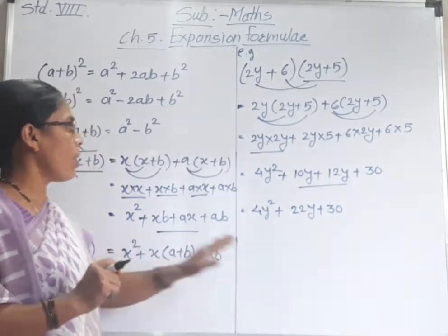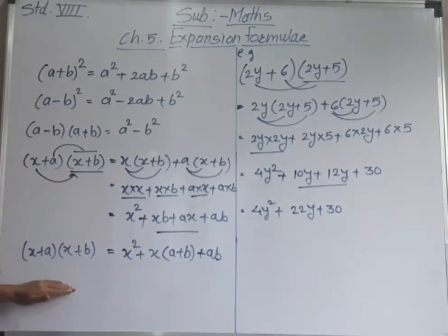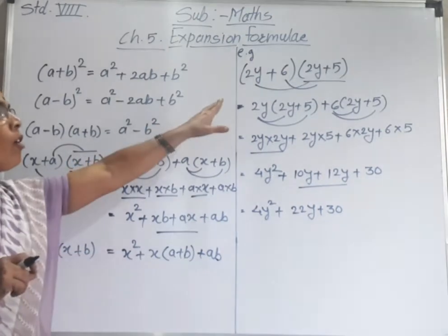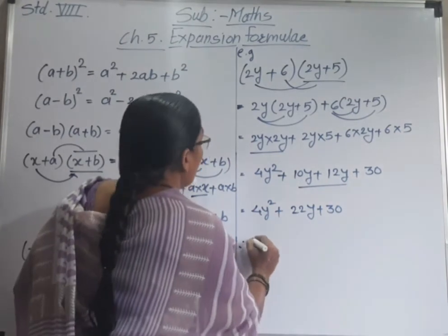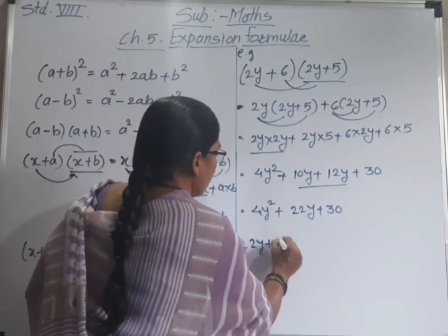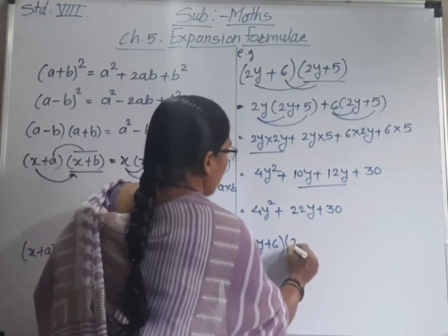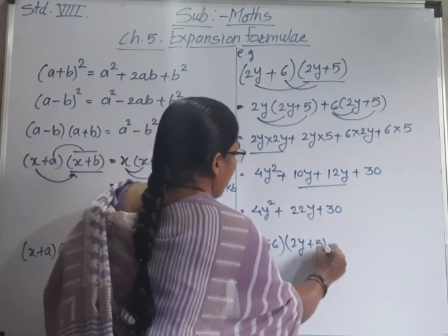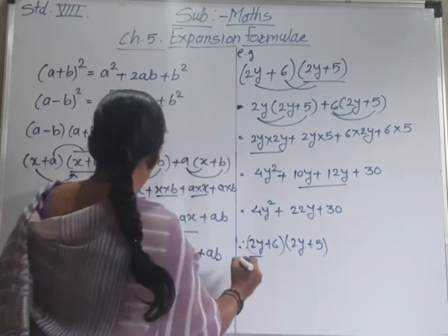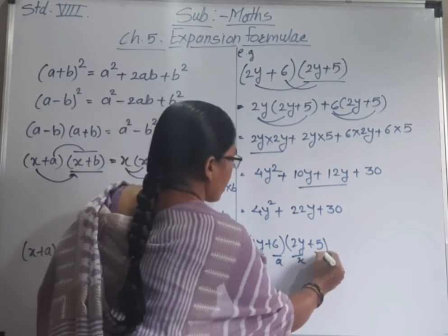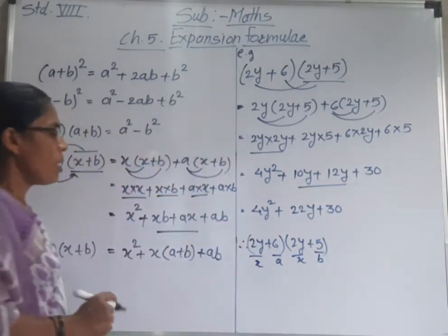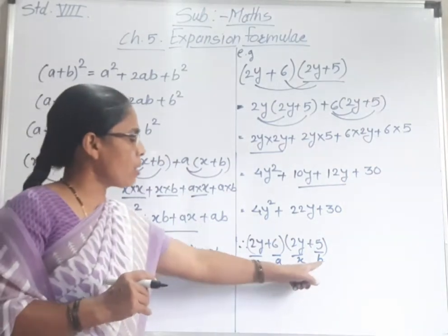Instead of that, we can directly use the expansion formula for these two terms. We can directly write 2y plus 6 and 2y plus 5, where this is x and this is a, here x and this is b. The first term is the same, so x plus a and x plus b.